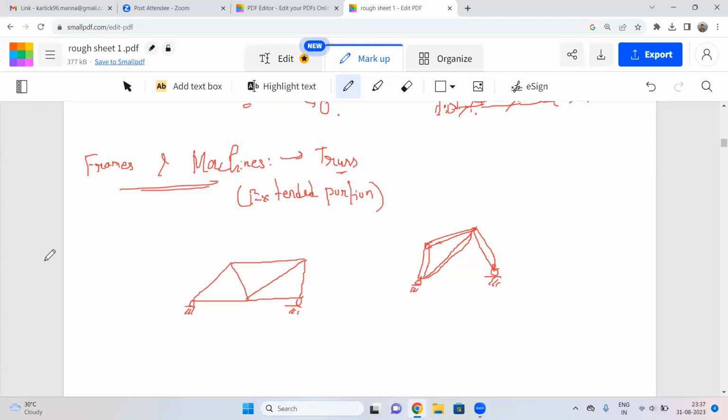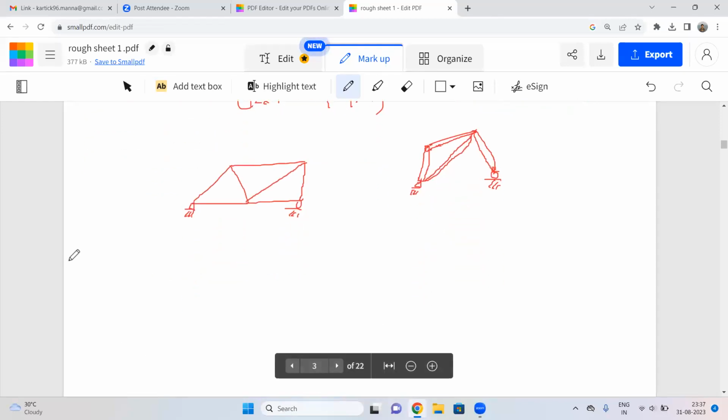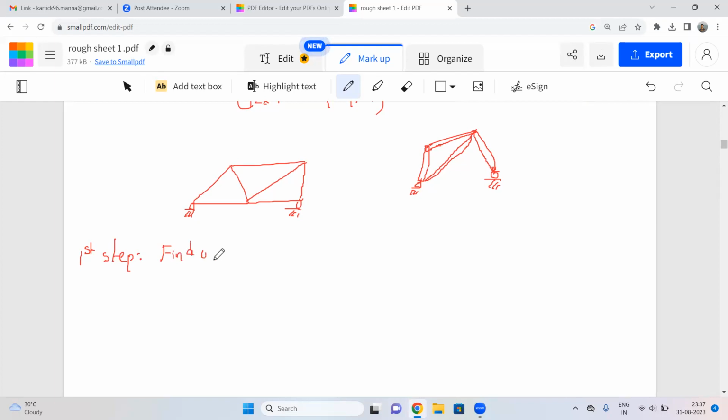So your first step is to find out the reactions. And what is the second step? Equilibrium equations. Like how can you find out the reactions?